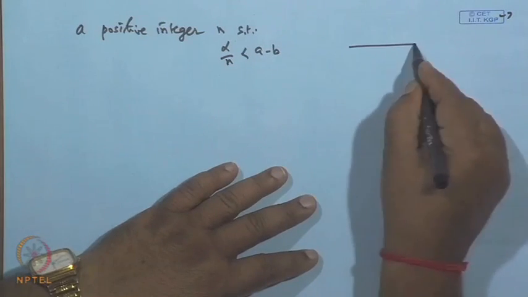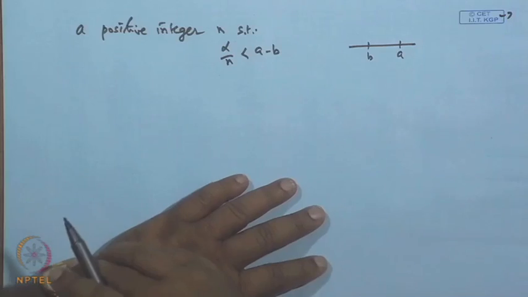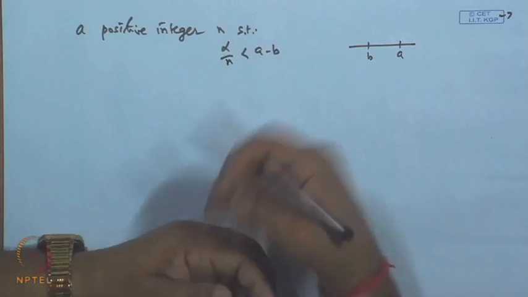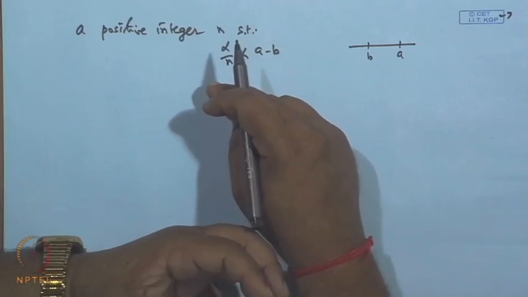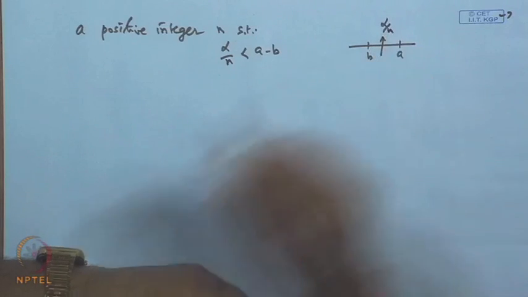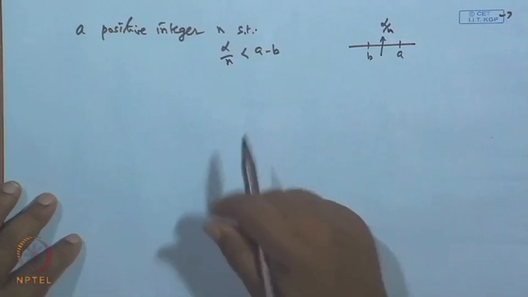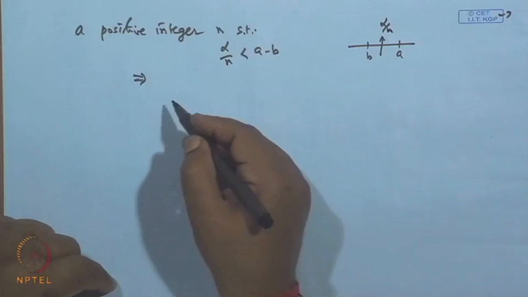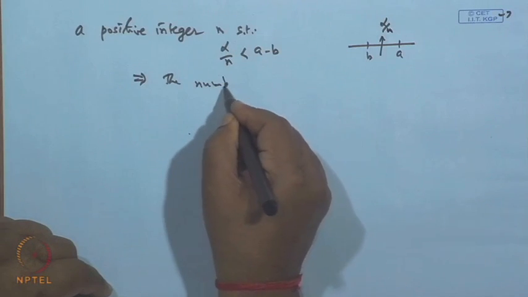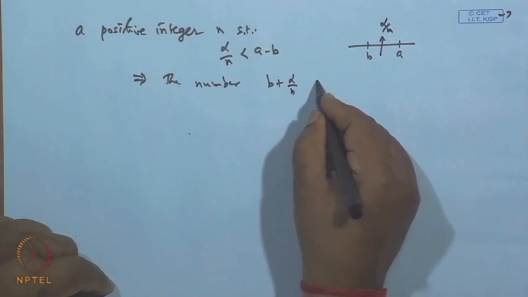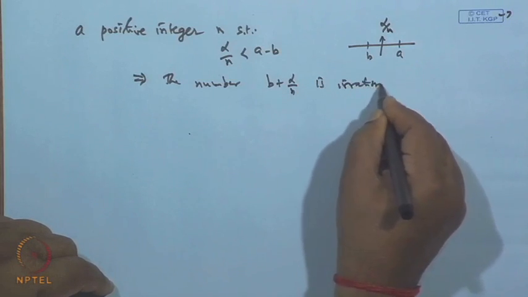What happens is, this is our number b, here is number a. Now, you pick up any irrational number alpha. So, n can be made as large as possible, so that alpha by n lies between here. Alpha by n lies between this. It means that the number b plus alpha by n is an irrational number, is it not?